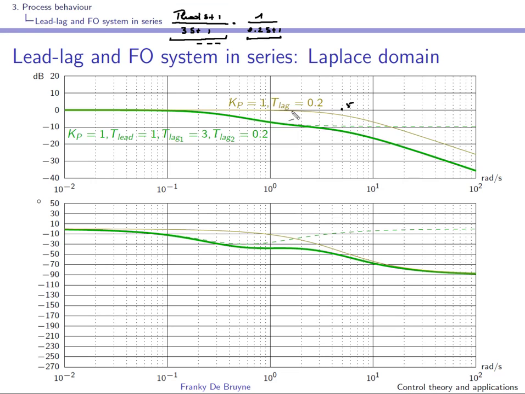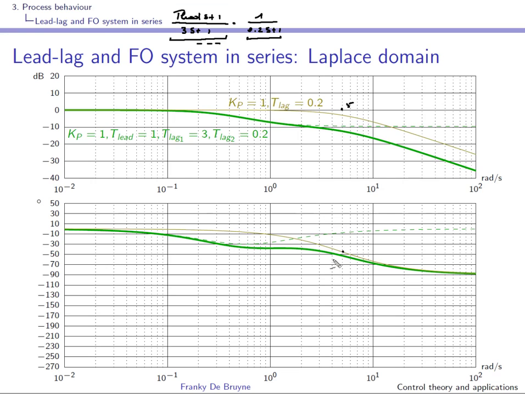We have the cutoff frequency, and at the high frequencies you can see this slope of minus 20 dB per decade. And here we have the phase shift: at 5 radians per second, a phase shift of minus 45 degrees.